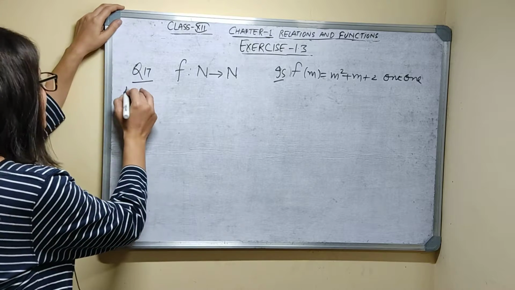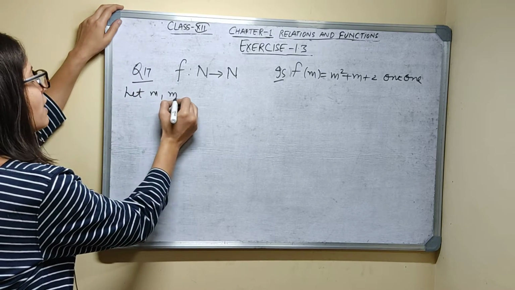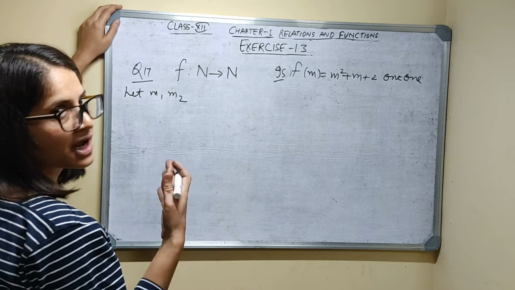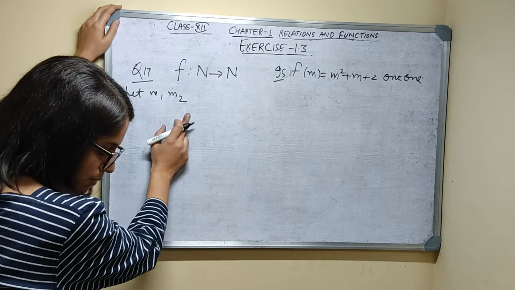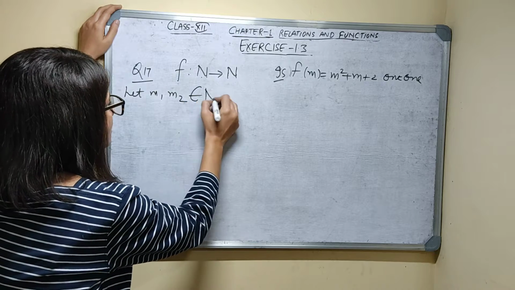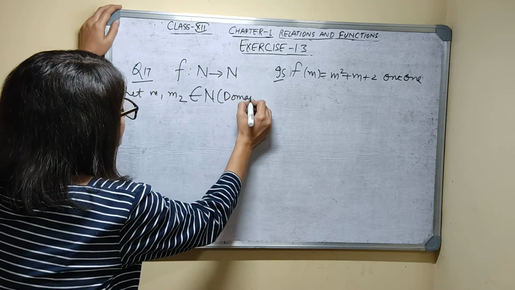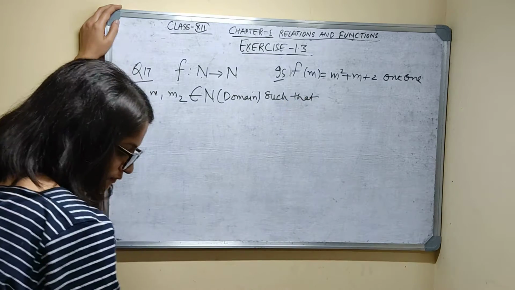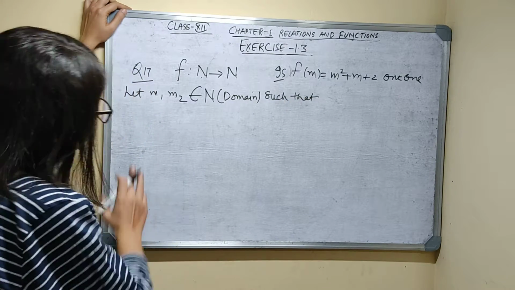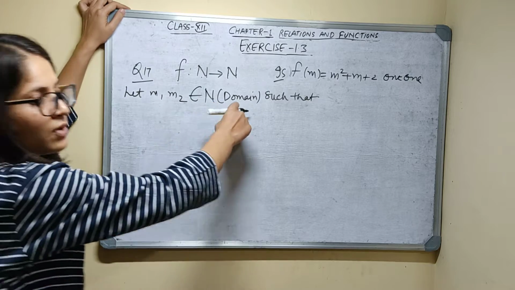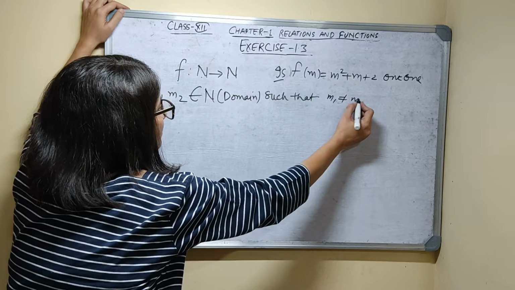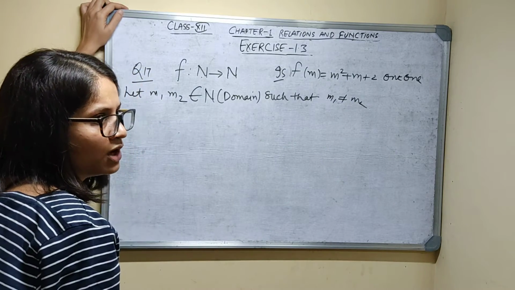So let m1, m2. Here m is given, so I am taking m1, m2. If x is given, generally we take x1, x2. So let m1, m2 belong to the natural numbers, from the domain, such that m1 is not equal to m2.